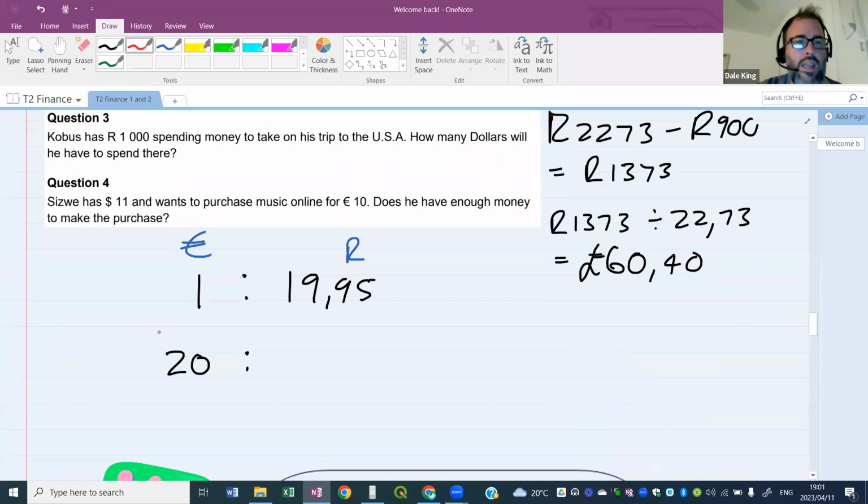The math we did to get it from a 1 to a 20 was times by 20, right? Yes, 1 times 20 is 20. So on the right-hand side, we must do the same thing. The math you have to do is 19.95 times 20, which is 399. That's it. Okay, thank you, sir. Okay, pleasure, no problem.